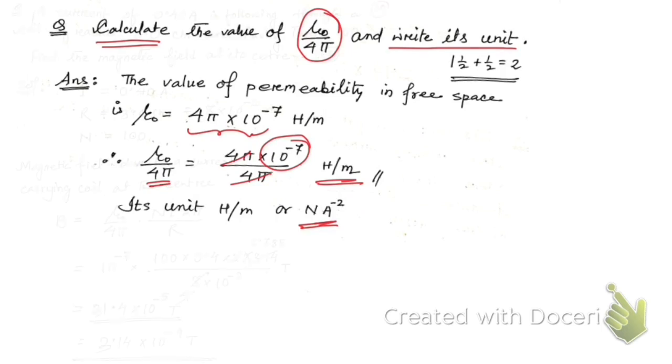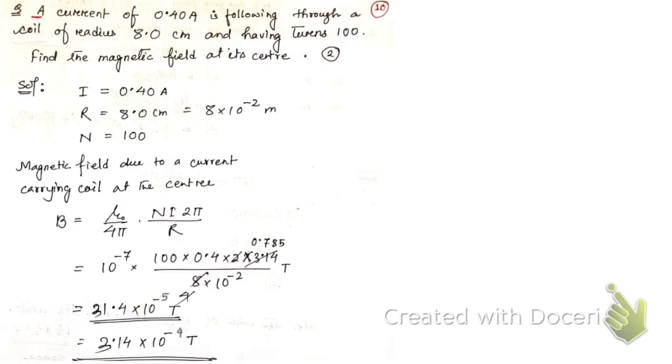Now in this question, a current of 0.4 ampere is flowing through a coil of radius 8 centimeter and having 100 turns. Find the magnetic field at the center.